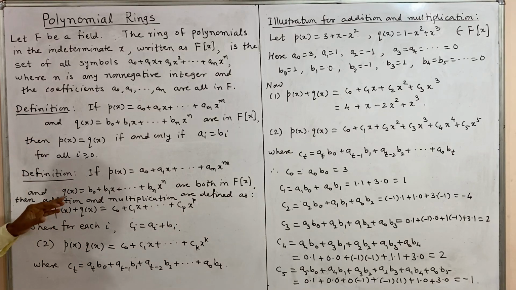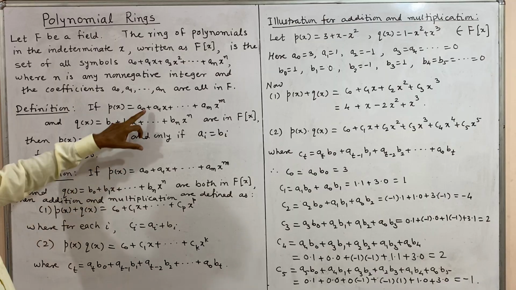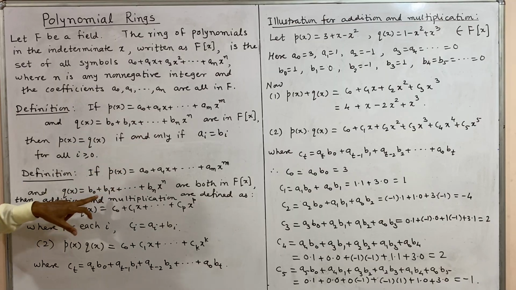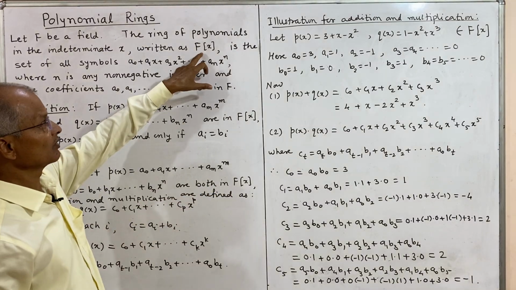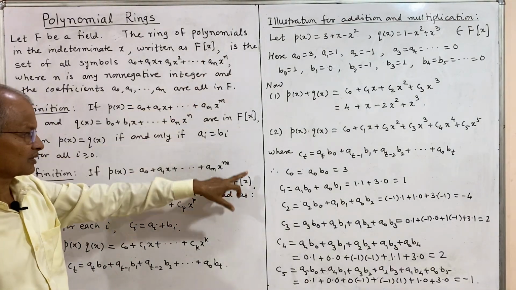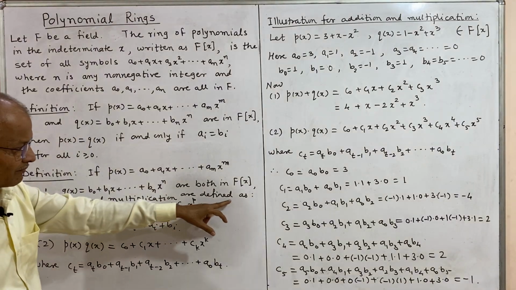Now second, here we consider again p of x as above, and q of x is another polynomial. Both are in this set denoted by capital F of x. And then addition and multiplication are defined as follows.